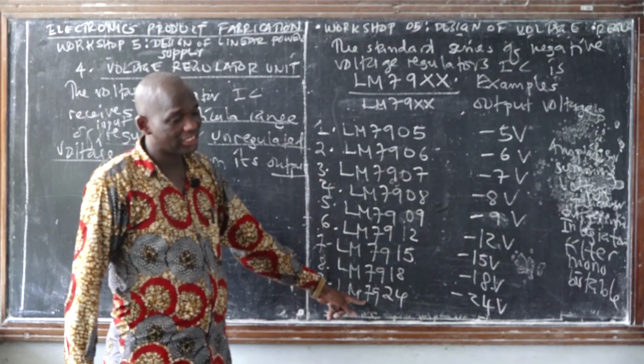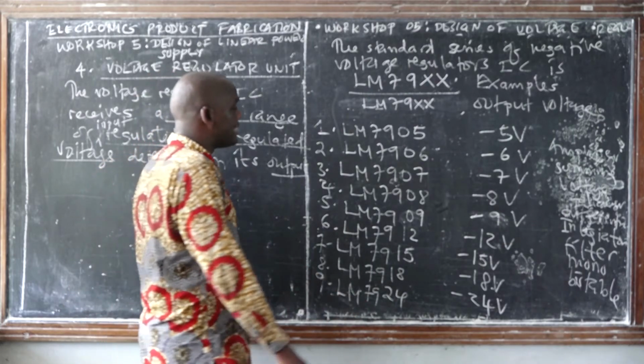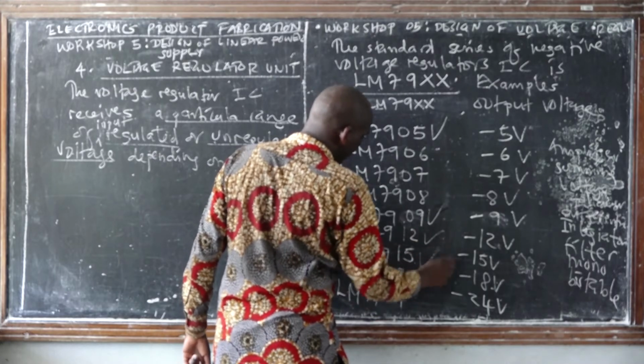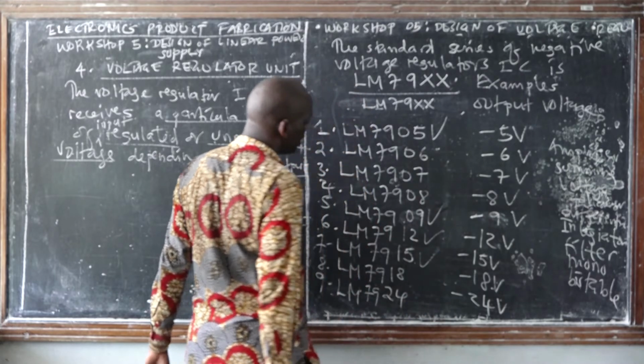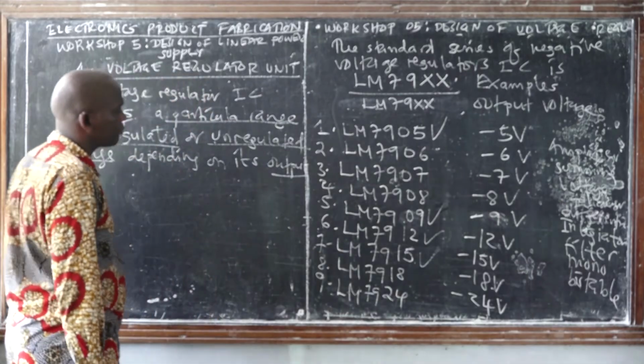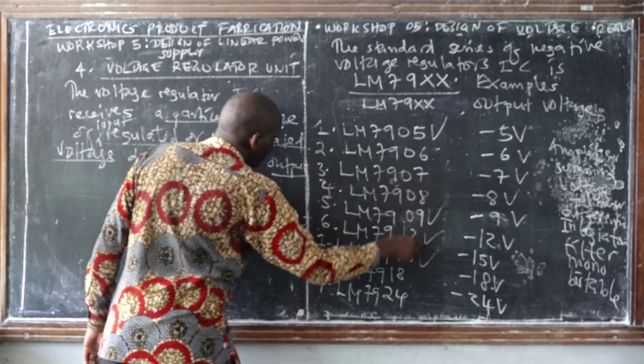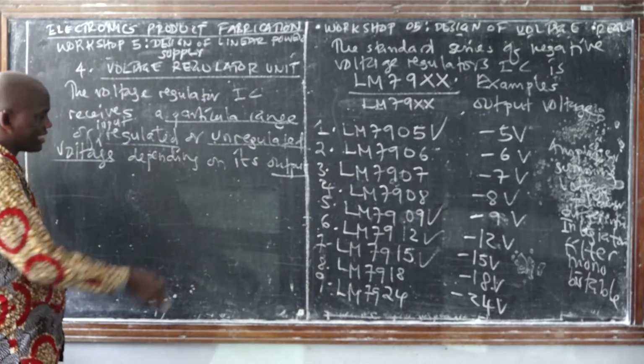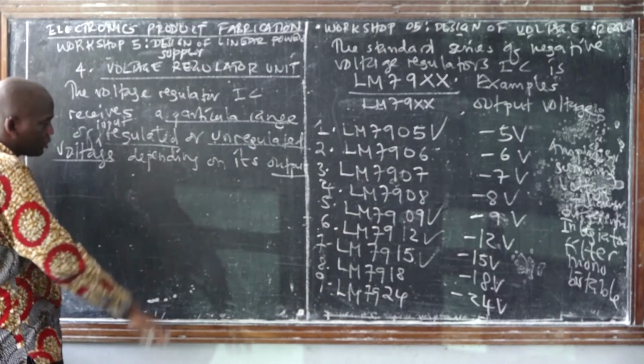Do you understand what I am teaching you? In Tanzania or in our own countries, most of these are the positive voltage regulators. You might find these in most of the shops, especially this one and this one, 5 volts and 12 volts, because in most projects we use 5 volts or 12 volts. Just a few projects use maybe 9 volts.